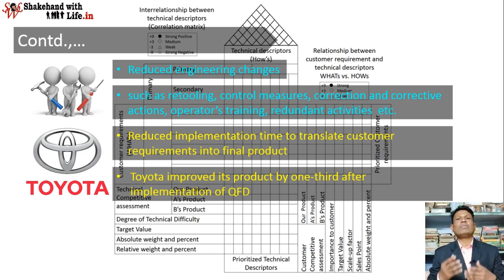So there are a number of activities which are not required to manufacture a product or to design a product, but the activities are going on. So the QFD team identifies these kinds of redundant activities so that they can be eliminated and the QFD team is able to reduce the engineering changes.